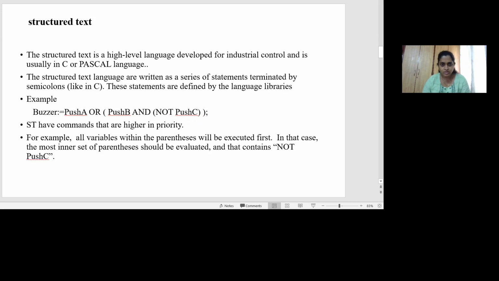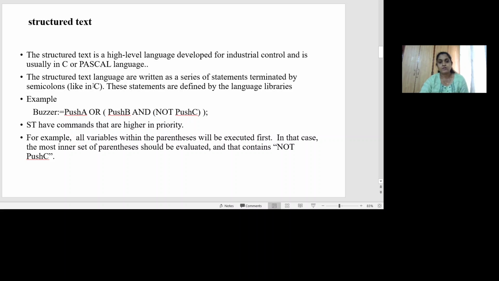The structured text, ST, is shorthand notation. This structured text is a text-based language, and it resembles high-level languages. We use C and Pascal-like syntax here to program a PLC.